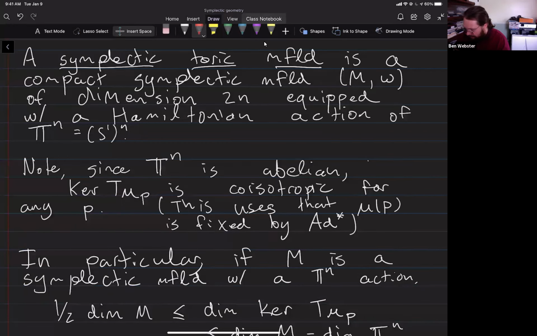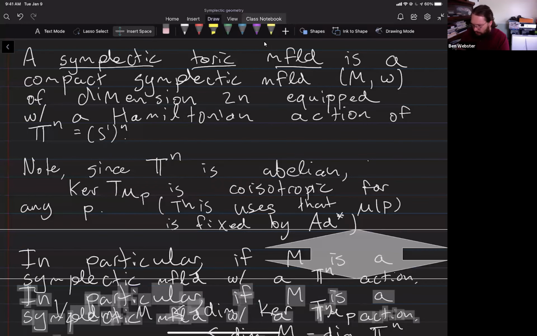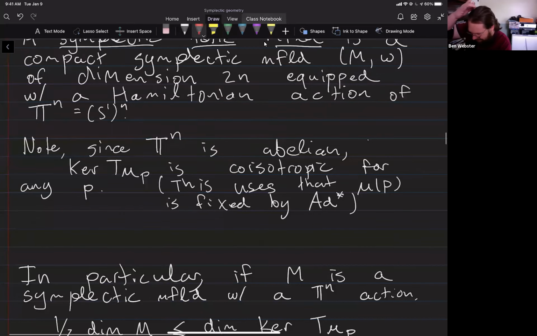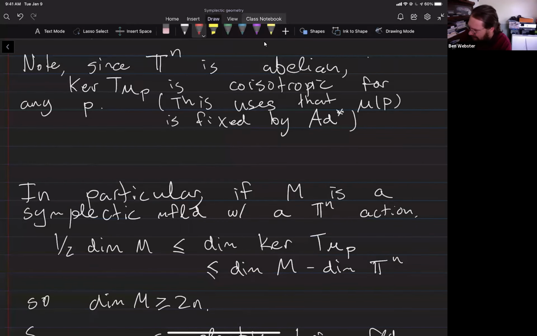For non-abelian groups, you have, for example, coadjoint orbits. And those have dimension less than the group, but they have an interesting non-trivial action on them. But unless they're a point, their moment map doesn't hit any point that's stabilized by the coadjoint action. Right? So I'm really using the fact that the moment map level is fixed by the coadjoint action. So I'm using the fact that the group is abelian.